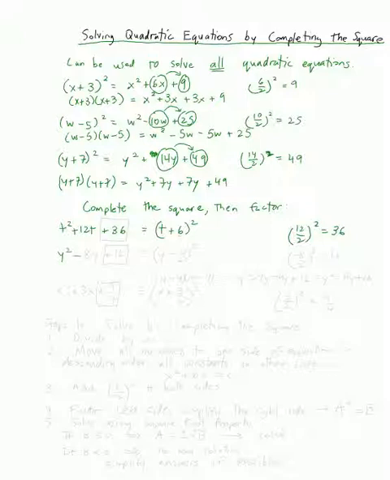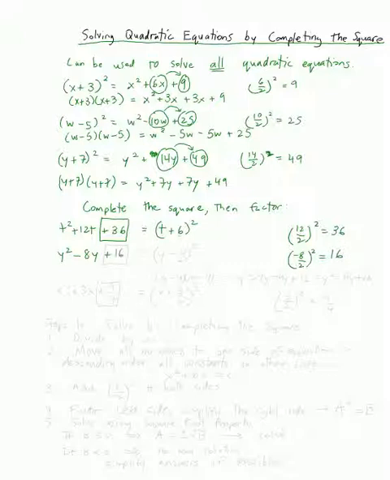How about this one? y squared minus 8y. By the way, let me put a box around that to show what I've added here. Well, let's go ahead and take half of the middle guy. It doesn't matter if you make it negative or not, because when you square it, the negative goes away. So half of 8 is 4, squared is 16.